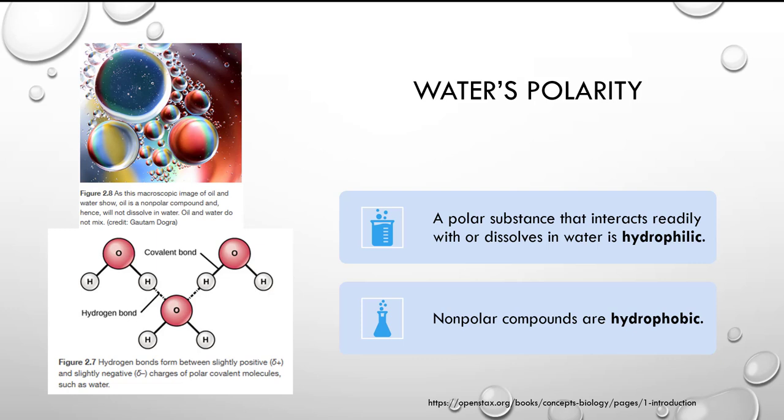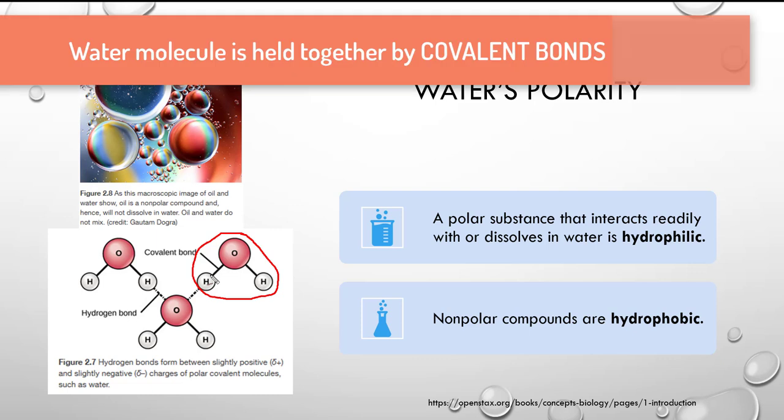Now, first off, we have to remember that a water molecule is made of covalent bonds. So this is a water molecule, H2O, two hydrogens bonded to an oxygen, and they are held together by covalent bonds. And remember, covalent bonds are strong bonds.